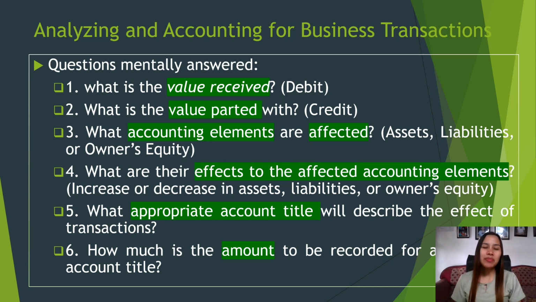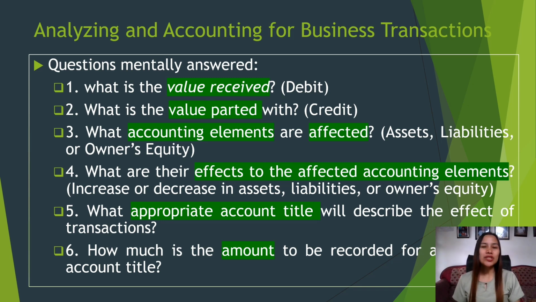Next, what appropriate account title will describe the effect of the transaction? So, what is the particular account title to be used to describe and to record the transaction? And then, how much is the amount to be recorded in that particular account title?